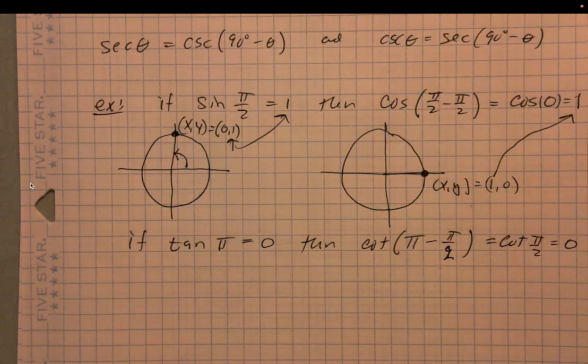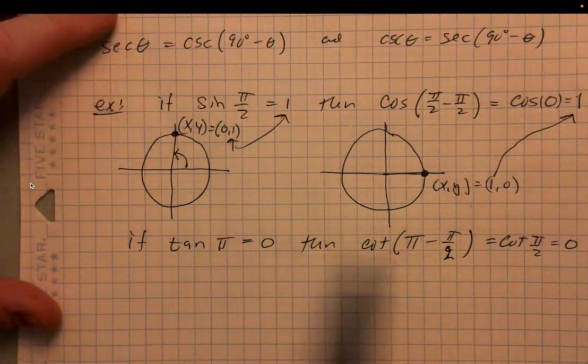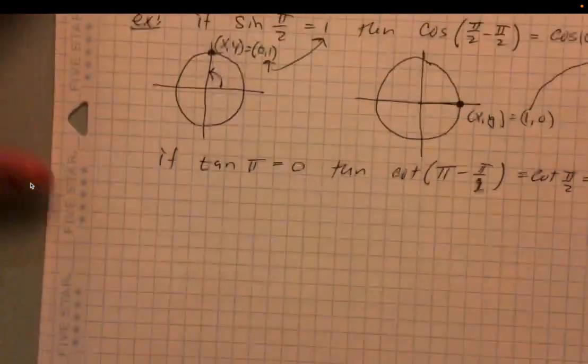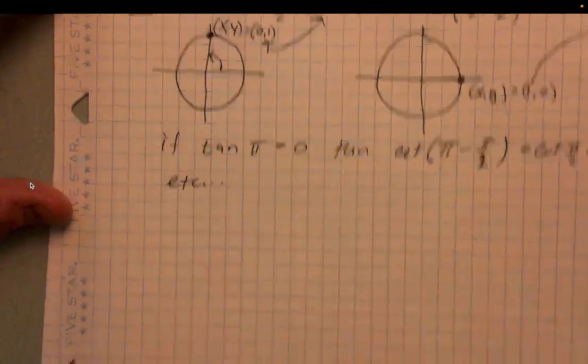All right, so pi and pi over 2 are obviously coterminal, right? So there we have it, right? And so we'll leave it there. And we could say etc., right? You could see lots of examples of these.